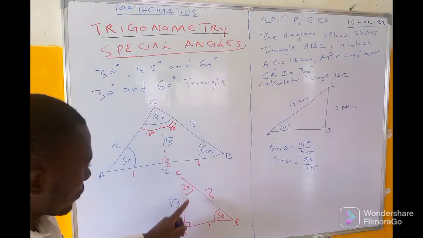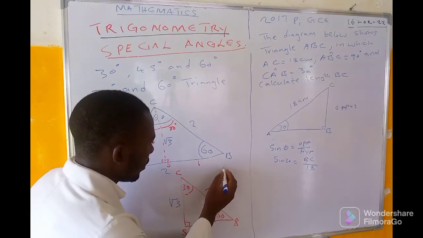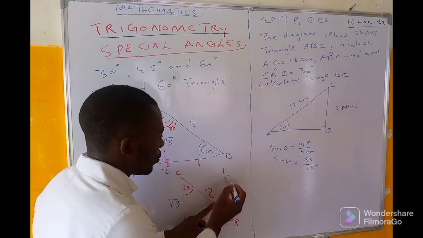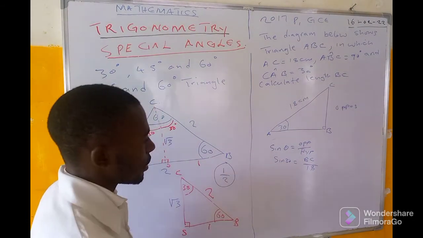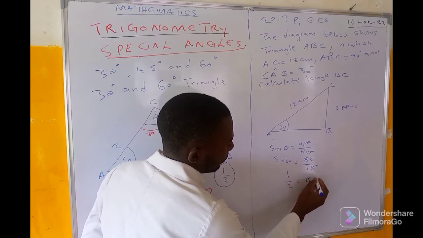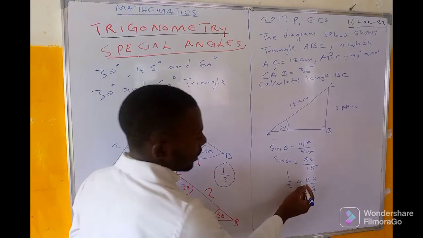From there, if you look at this angle here, we said this angle it is opposite, which is 1, over hypotenuse, which is 2. So sine 30 is going to be replaced by 1 over 2. So we're going to have 1 over 2 is equal to BC over 18. Then from there you do what?